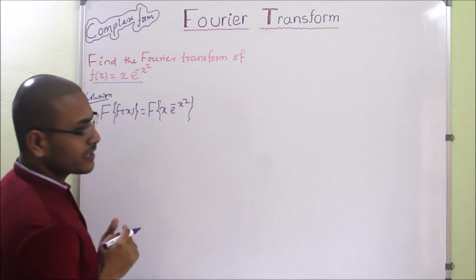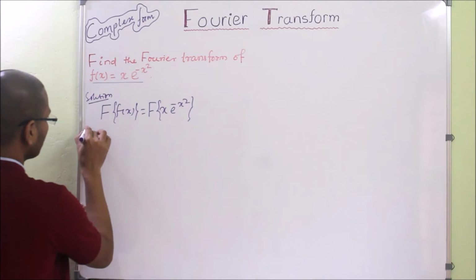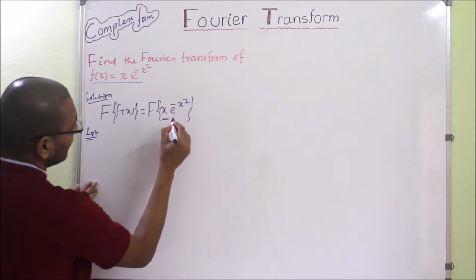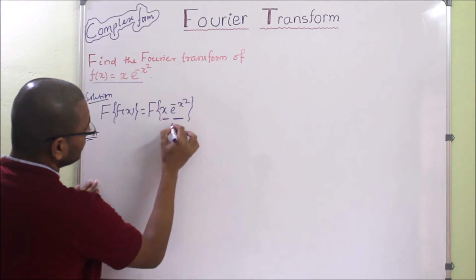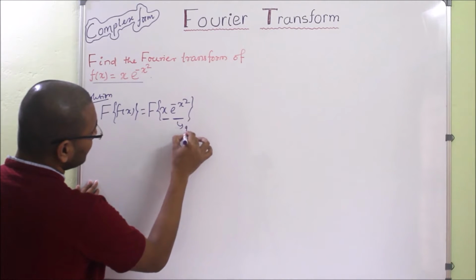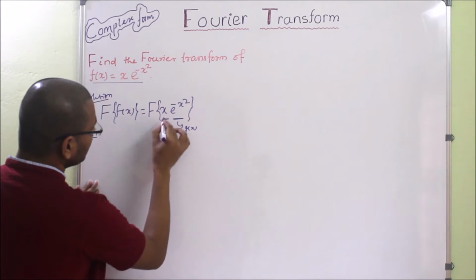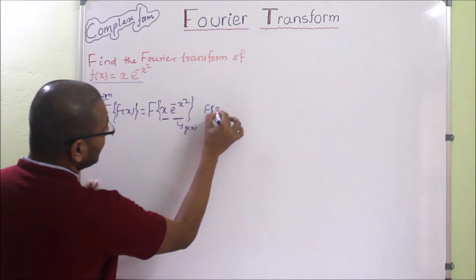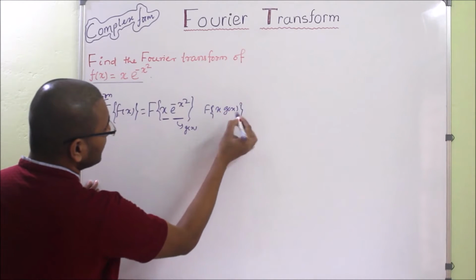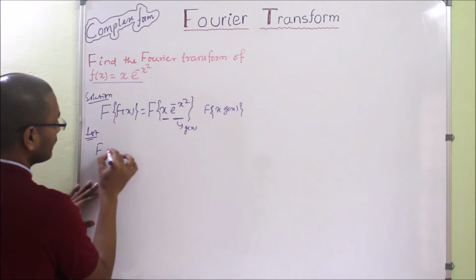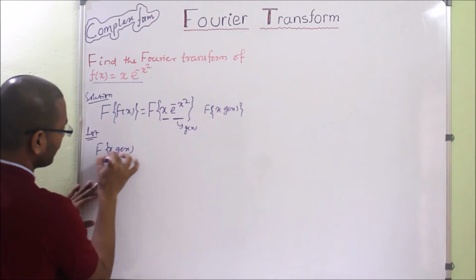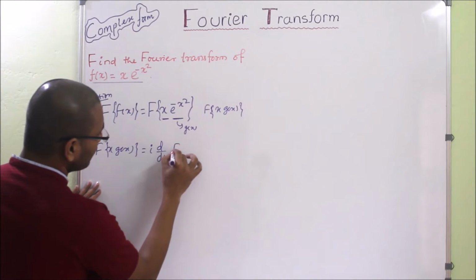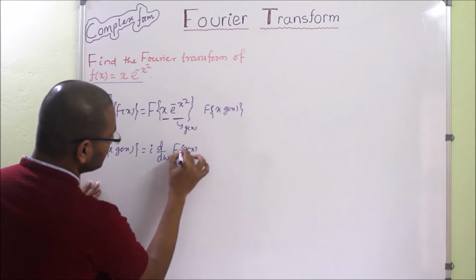There are two approaches we can go through. The first approach is that if you see carefully, this x into e to the power minus x square, I can write as f of x into g of x. For that we know the formula: the Fourier transformation of x g of x is i d by dw of the Fourier transformation of g of x.